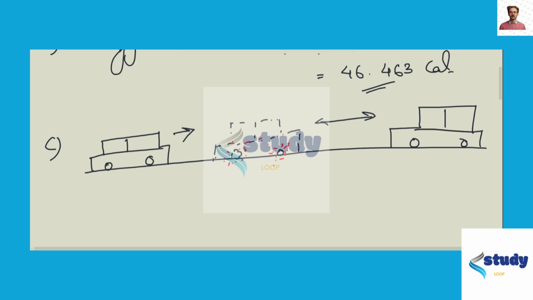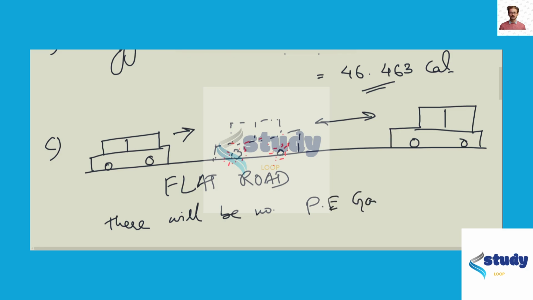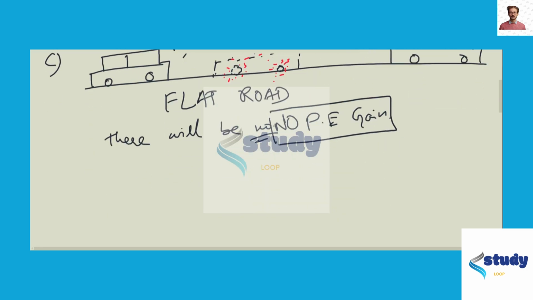So what has happened? Since this is a flat road, there will be no potential energy gain. On the contrary, since the brakes were applied when the car was moving, let's say this is the wheel, and brakes are applied on this.